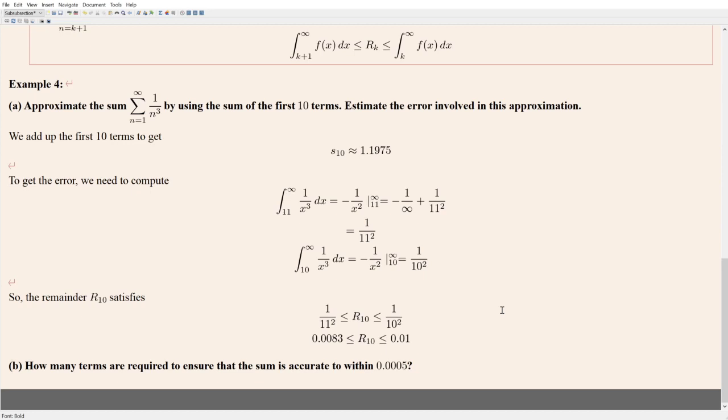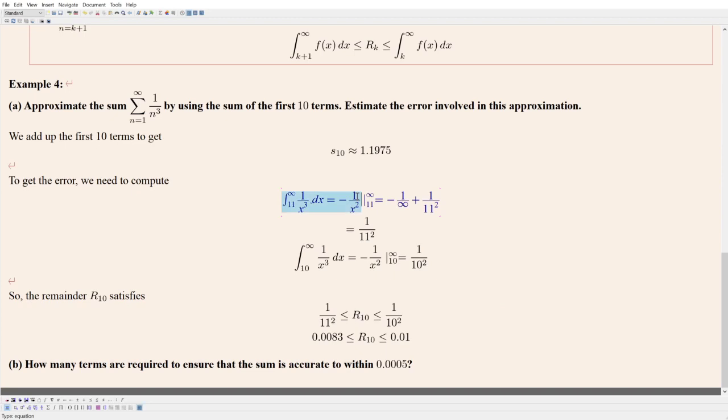Oh, hang on, I'm being stupid, aren't I? Yep. Sorry, I did the power rule wrong. So this is x to the negative 3, add 1 to get x to the negative 2, and then divide by negative 2. So there has to be a 2 here. Oops.